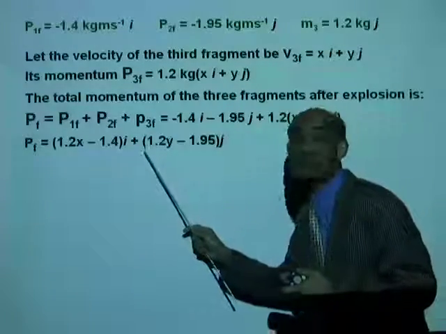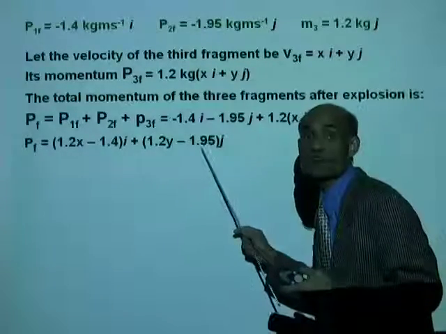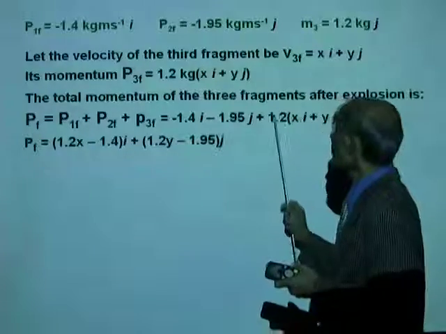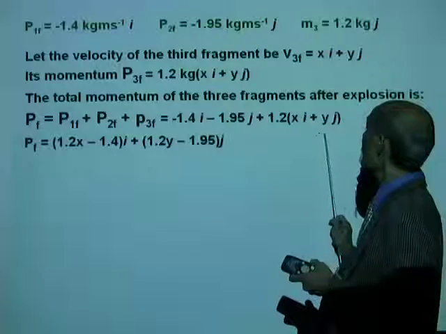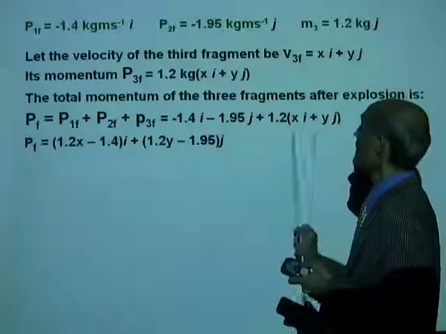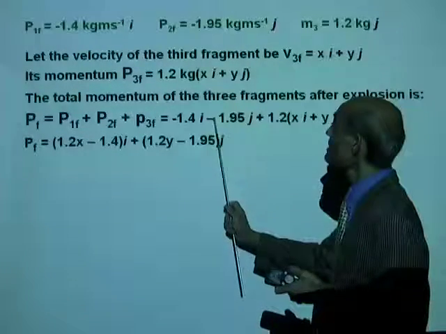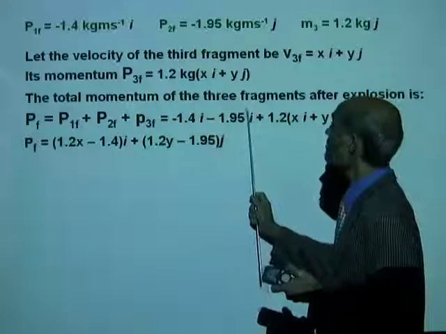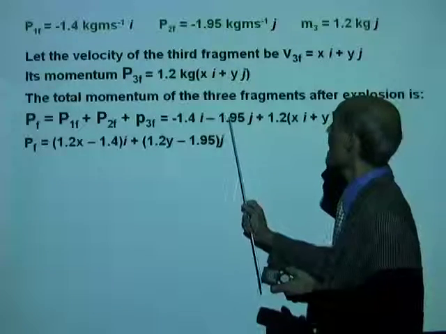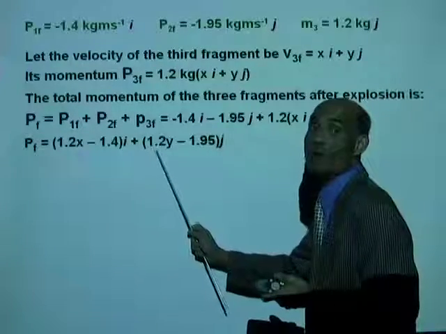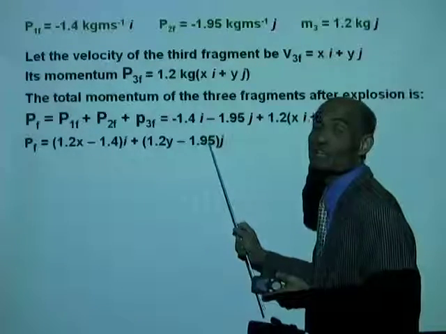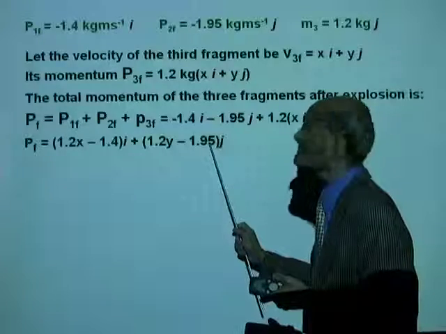And what is the y momentum of the three fragments after explosion? The y momentum of the third fragment is 1.2y j, and the momentum of the second object is negative 1.95 j. Add those two together, that will give me the y momentum of the three fragments after explosion.